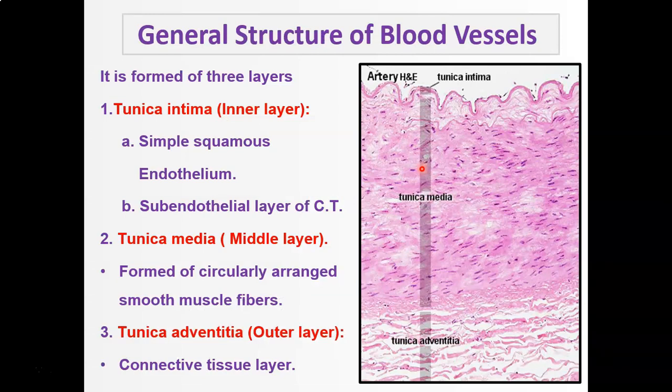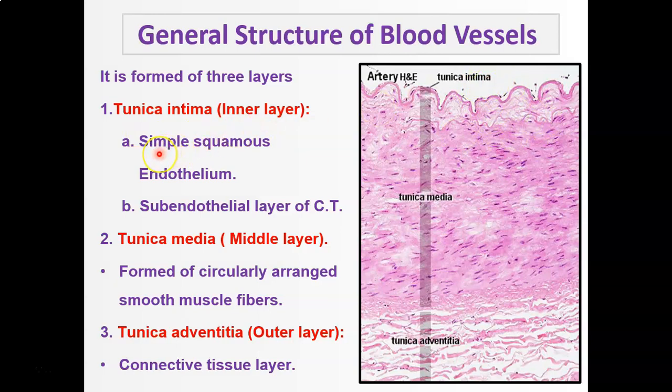Any blood vessel is formed of 3 layers, and the layer in the blood vessel, exactly like what we said in the testis, is called tunica, and the plural term is tunicae. The singular term is tunica. We have tunica intima, in intimate relation to the blood.